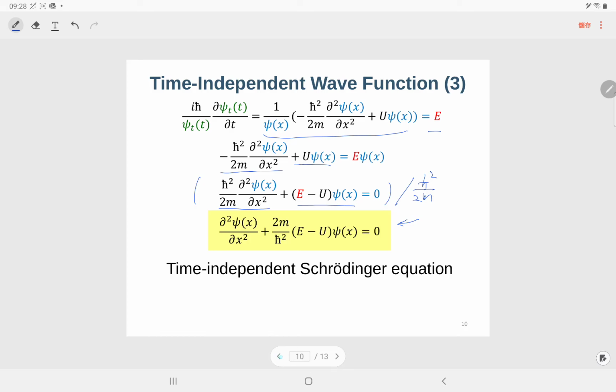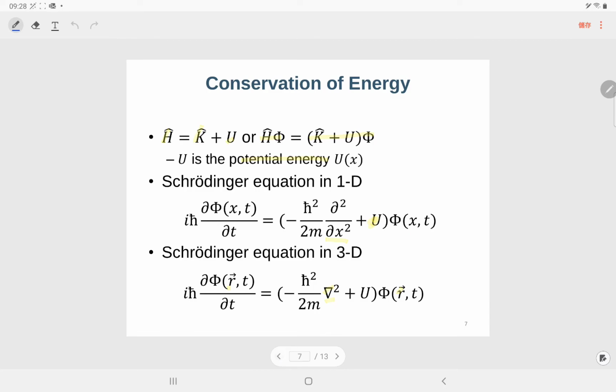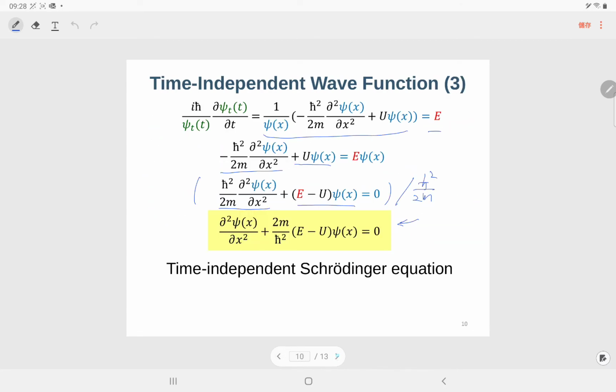So it's already skipped all the previous stages there, so that it tells you that the Schrodinger equation looks like that. So this is actually the time-independent Schrodinger equation. If you consider a much more complicated situation, maybe the potential energy is a function of time, then you may not use this.